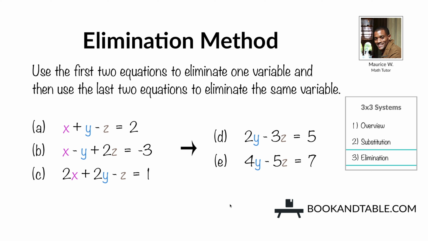Now for the elimination method, what we will do is use the first two equations to eliminate one variable, our x, and then use the last two equations, B and C, to eliminate the same variable x, and that will leave us with a 2x2 system with the other two variables, y and z.